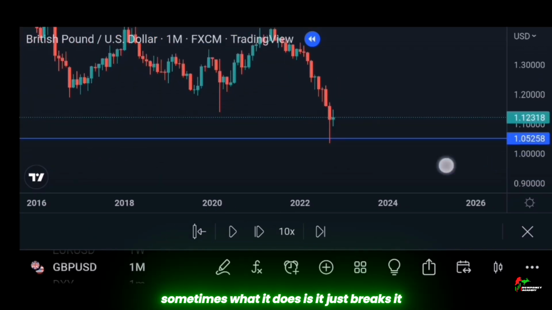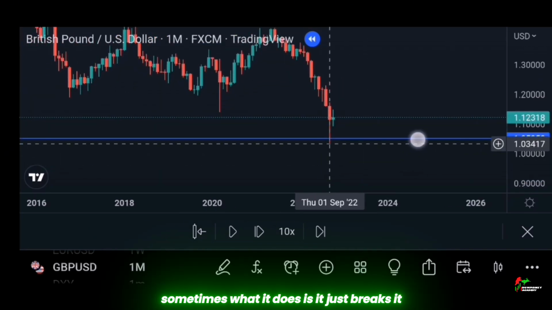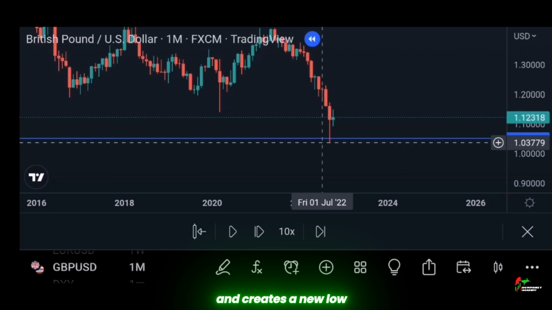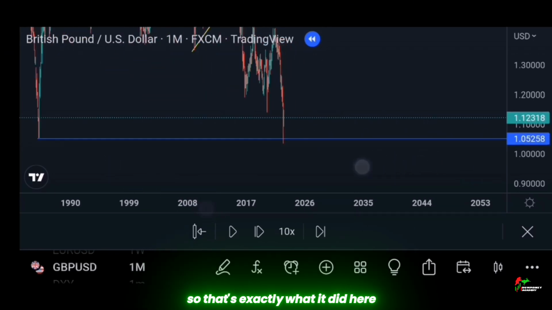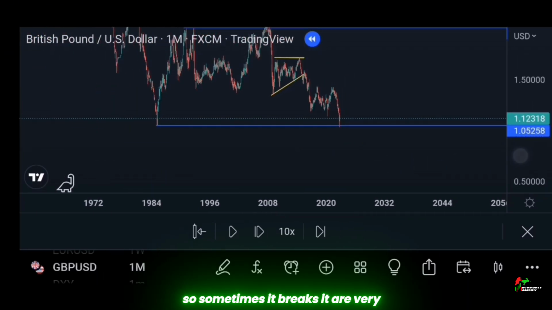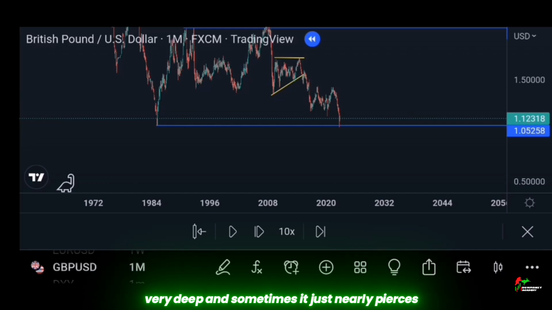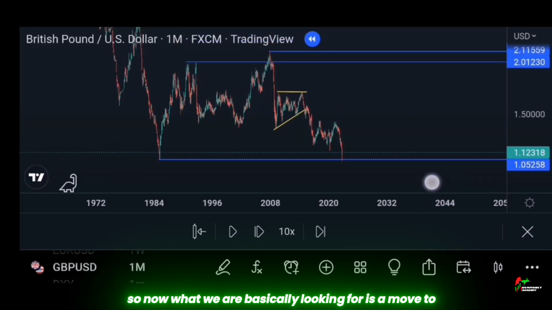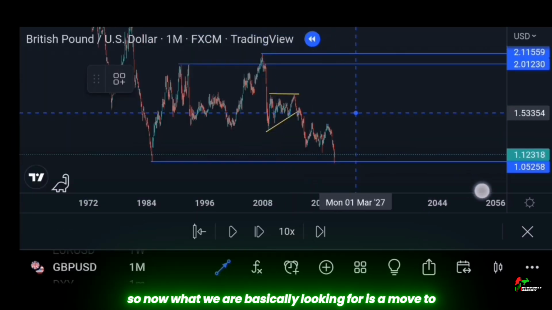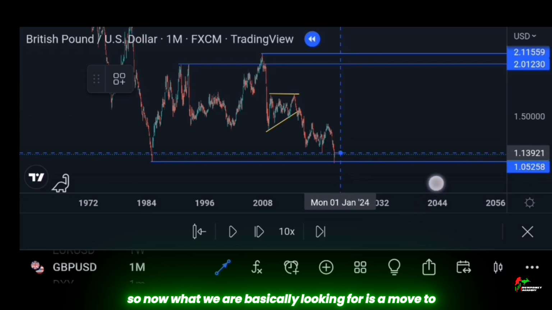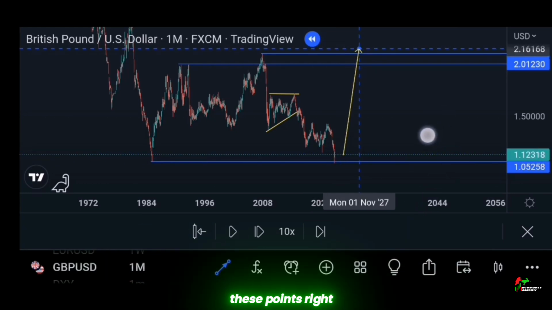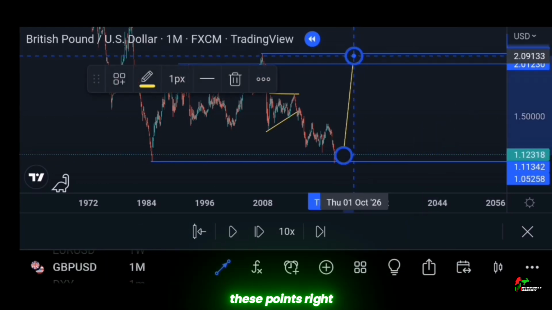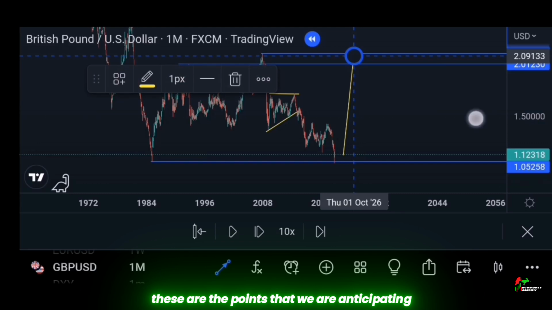Sometimes what it does is it just breaks it and creates a new low. So that's exactly what it did here. Sometimes it breaks it very deep, and sometimes it barely pierces, and then it switches direction. So now what we are looking for is a move to these points, right? These are the points that we are anticipating.